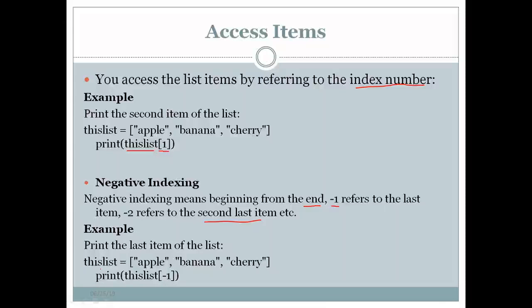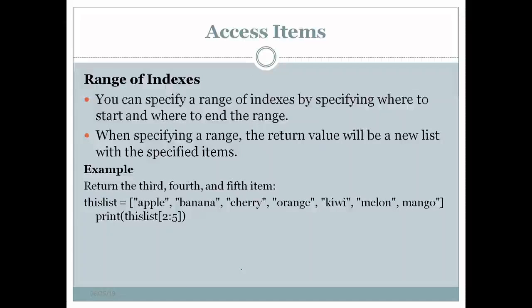So again, this is a list which contains 3 values, and if I want to print the last item from a list, I can simply say this list in bracket -1. So that will simply print the last item, that is cherry, from the list. Okay, even it is possible to use a range of indexes.